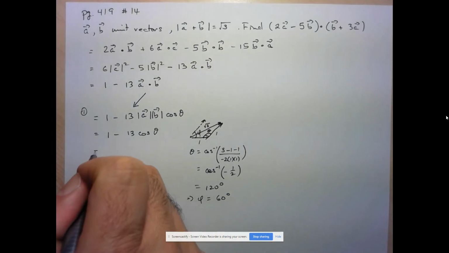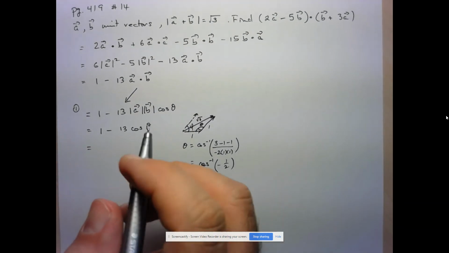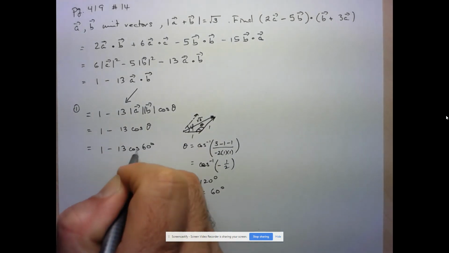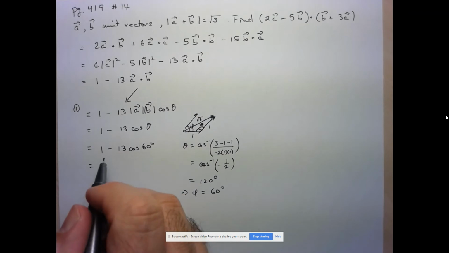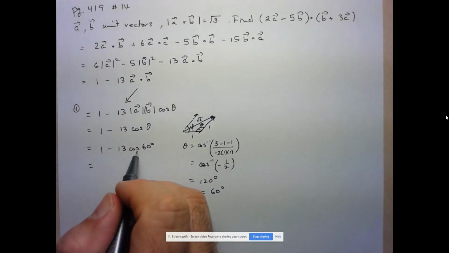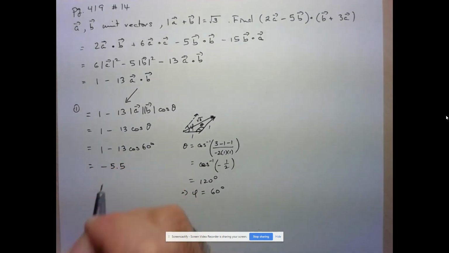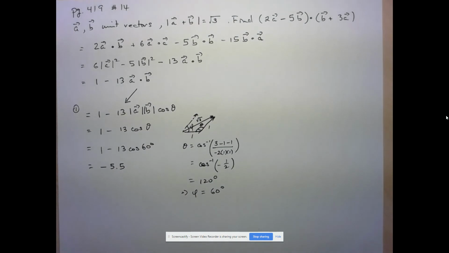And so here now we can go back and input that into our equation. 1 minus 13 cos of 60, and cos of 60 is just equal to 1/2. So 13 times 1/2 is 6.5. So 1 minus 6.5 is negative 5.5. Okay, so that's a geometric way to solve this problem.